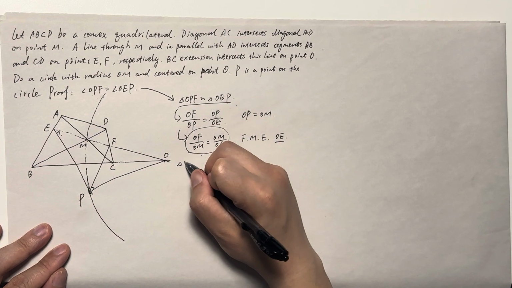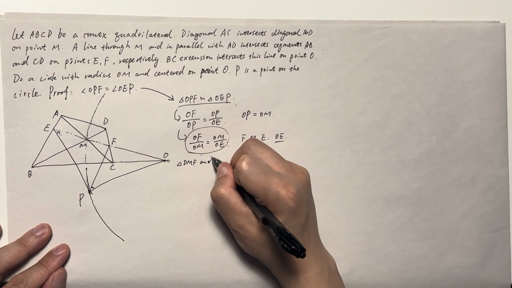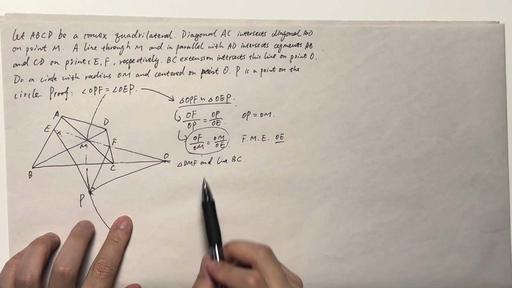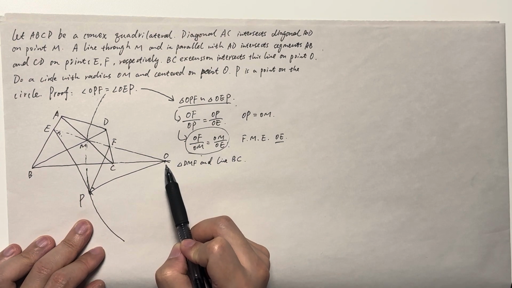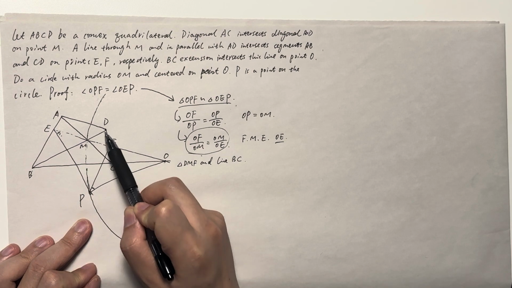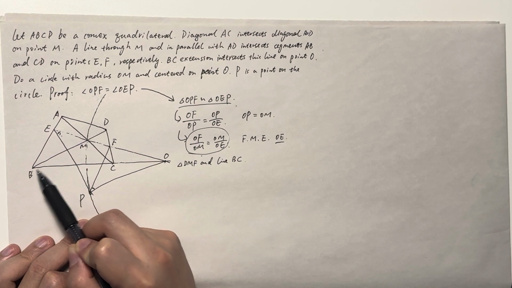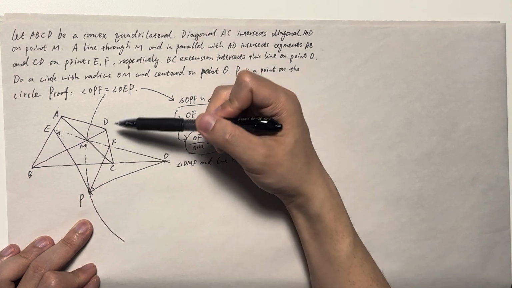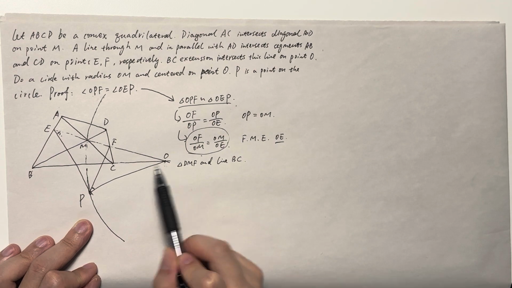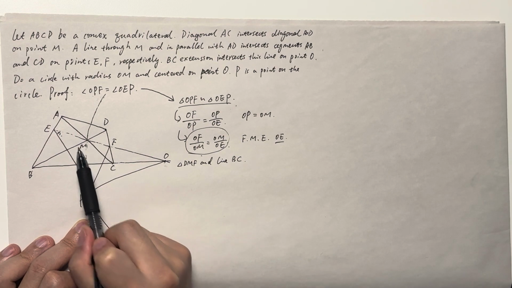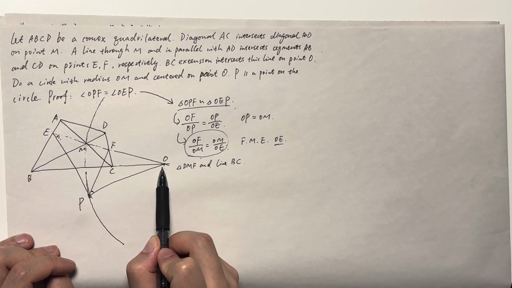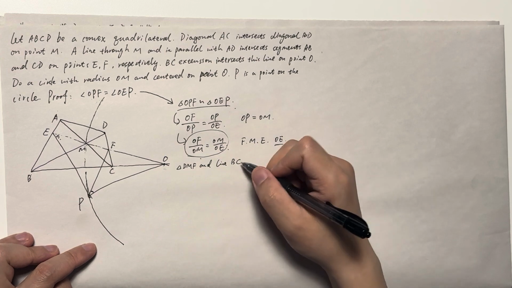Look at the triangle DMF and the line BC. Line BC intersects the triangle DMF at point B on the side DM extension, at point C on the side DF extension, and at point O on the side MF extension. That means we can use the Menelaus theorem.